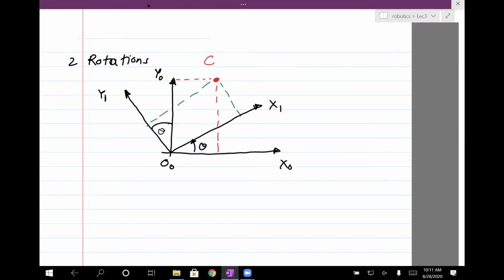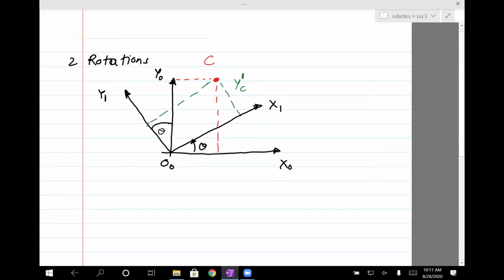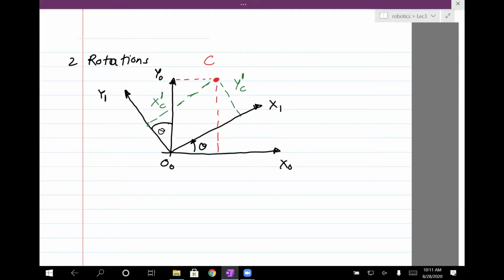Okay, and let me write down the y position of C. That's going to be yc, but since this position is with respect to frame 1, I'll call that yc1. And then since this is going to be the x position with respect to frame 1, I'll call that xc1. And similarly, I can write the same thing for xc0 and yc0.